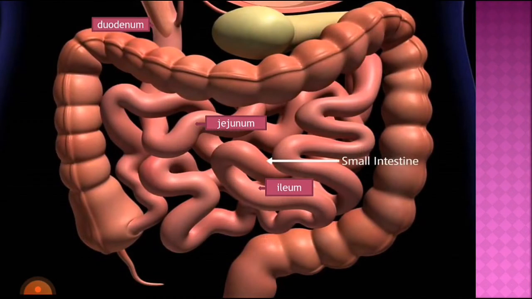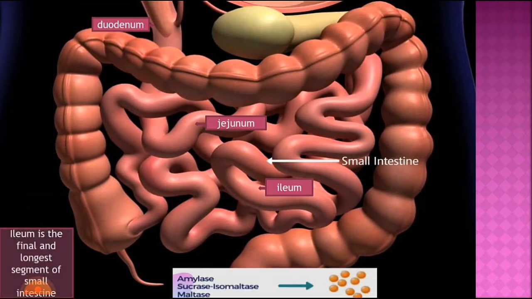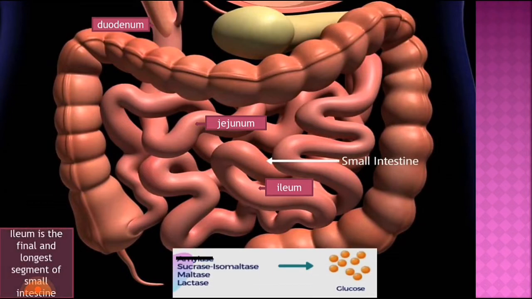The chyme then reaches the largest part of the small intestine, that is ileum. In the ileum, the intestinal enzymes act on the food for further digestion. Here, enzymes like sucrase, isomaltase, maltase, and lactase act on maltose and lactose and convert them into glucose.